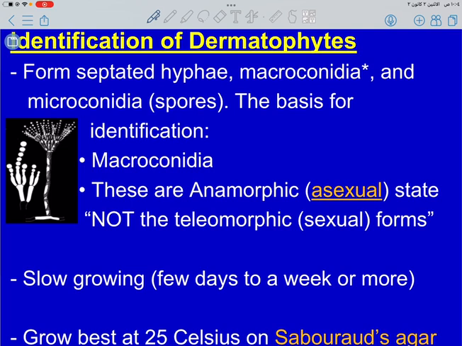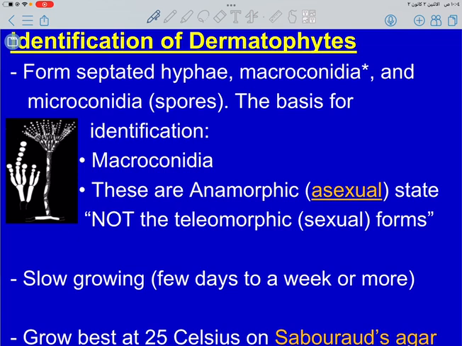This thread is septated. This thread is called a hypha. In mycology they are called hyphae, and these hyphae are septated by septa, divided into septa. You can see the picture here. Septated.